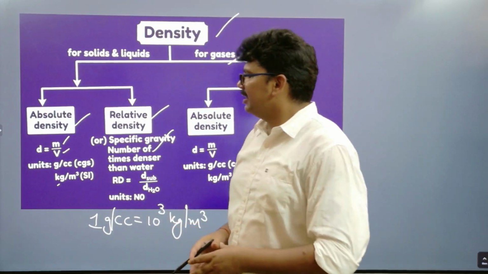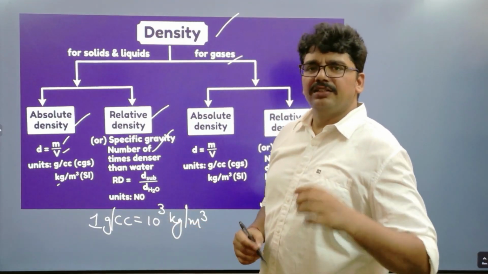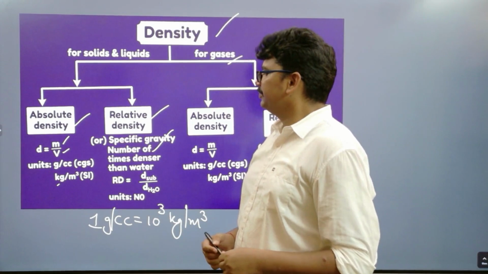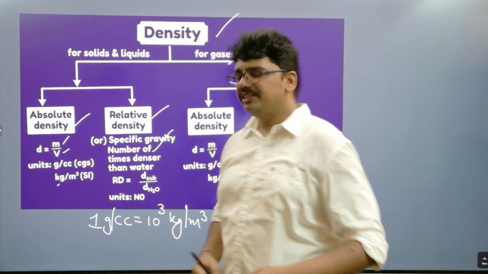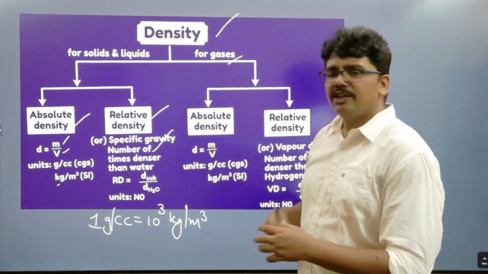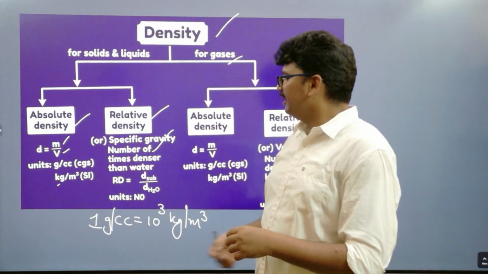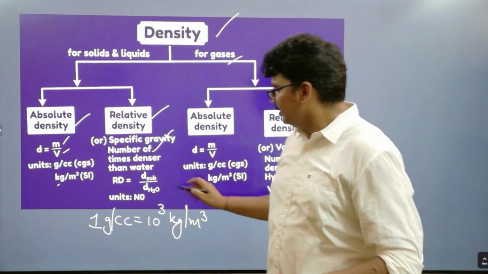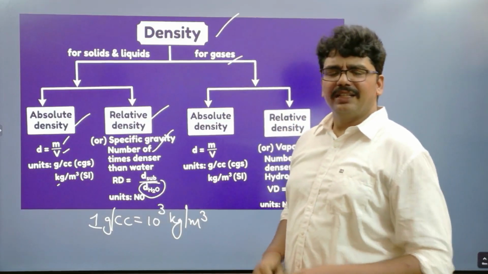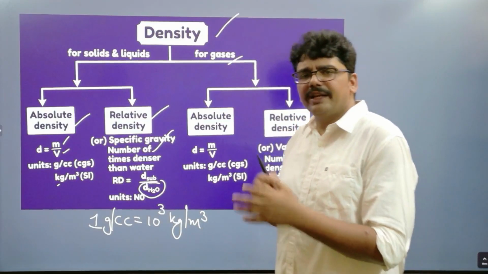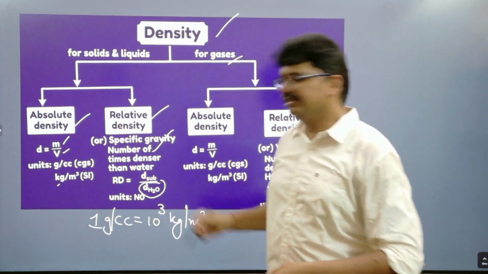Anyway, for solids and liquids, I am taking absolute density and relative density. Absolute density is the actual density of the given solid or liquid. Its units are grams per cc or kg per meter cube. Relative density means how many times it is more denser than density of water. Relative property means definitely we will take one standard reference. Here water is reference.